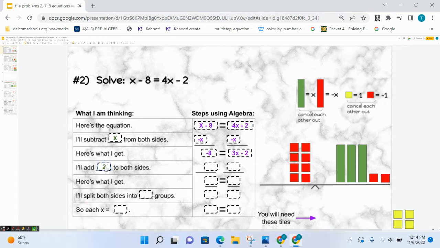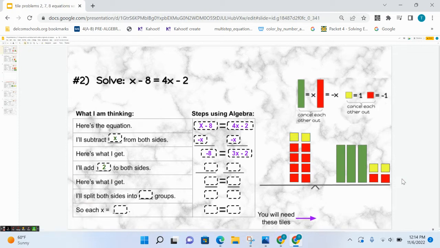I can add 2 yellows to those 2 reds to make them go away. I just have to be sure to add 2 yellows to both sides. So I'll have something that looks like this. I'm going to add 2 to the left side. I'm going to add 2 to the right side. I'm going to write that in.